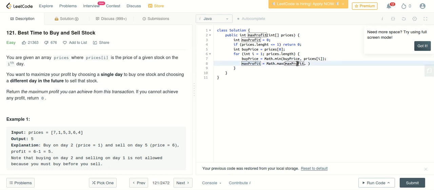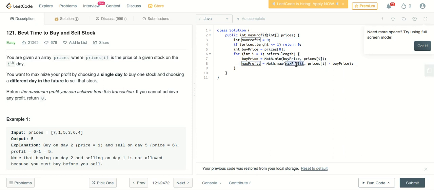And max profit would be, if there is already a max profit, that's fine. Otherwise it would be the current price minus the buy price. Does it make sense? Current price minus buy price. So what we are doing here is, we see that we can buy at any price, and if it is decreasing, we would buy at that lower price, and after that we would figure out the max profit, which we start with 0.